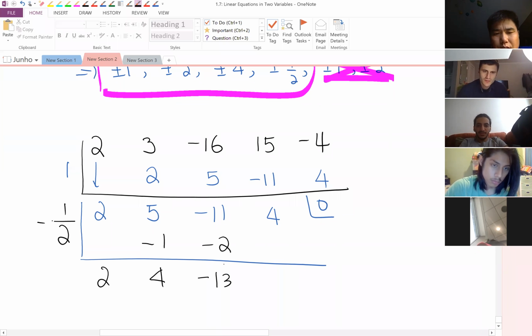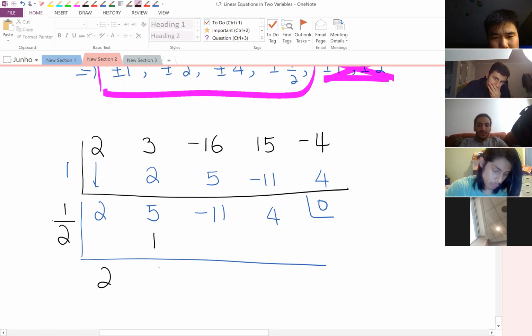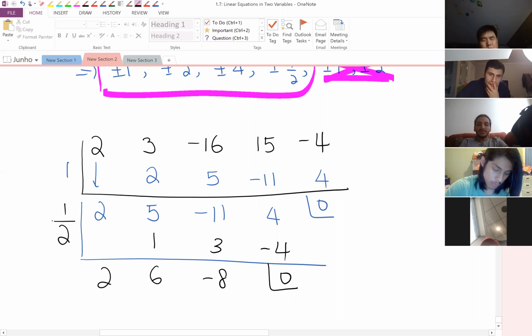So it's not working. Then let's try just the 1/2. So 2, 1, right? Yeah. 6, 3. Oh, negative 8. Negative 8 and negative 4. Oh, it's working. Okay, so we found it.